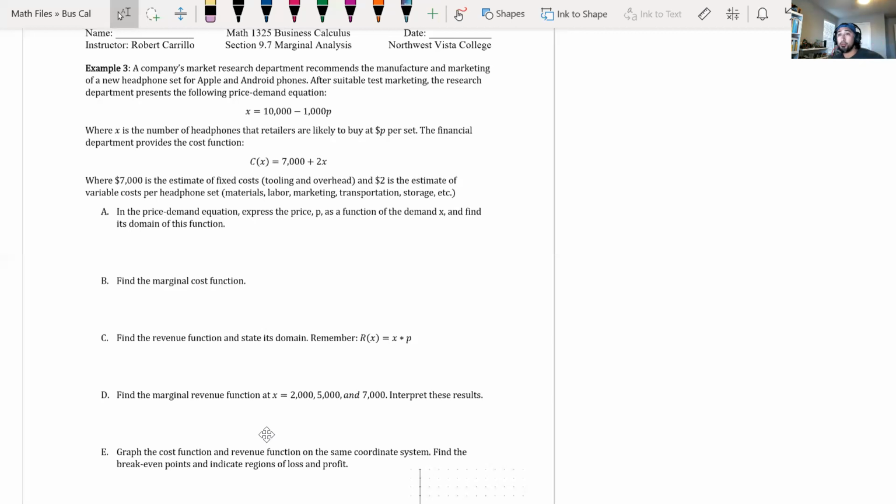So our department has already given us information, and now we want to take the price demand equation given above and express the price P as a function of X and find the domain of this function.